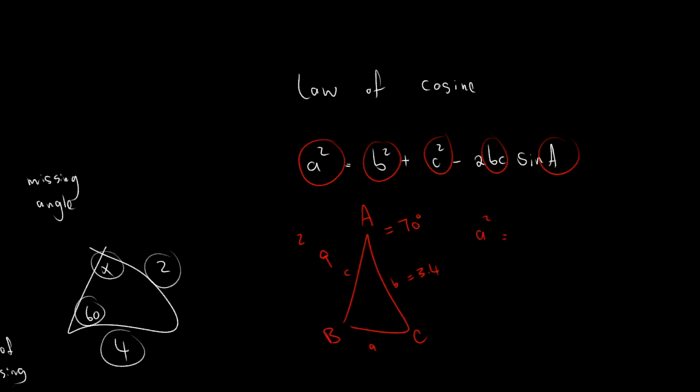b squared is just going to be 3.4 squared plus c squared, which is 2 squared, minus 2 times 3.4 times 2 cosine, excuse me, not sine, I made a little bit of a mistake here, cosine A, which is going to be 70.